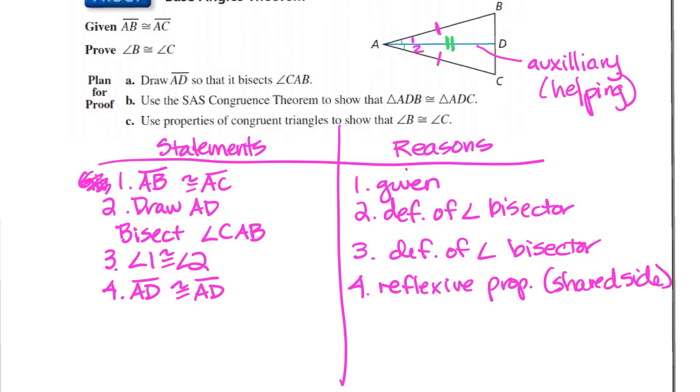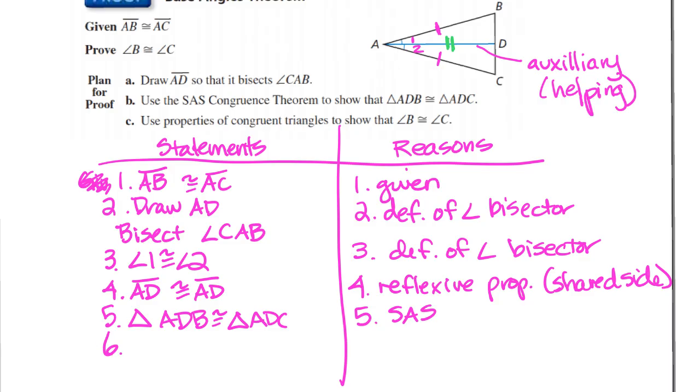And that's enough to be able to say that our two triangles are congruent. I'm going to say triangle ADB is congruent to triangle ADC, and that's SAS, like you did last night or the other night for your homework.